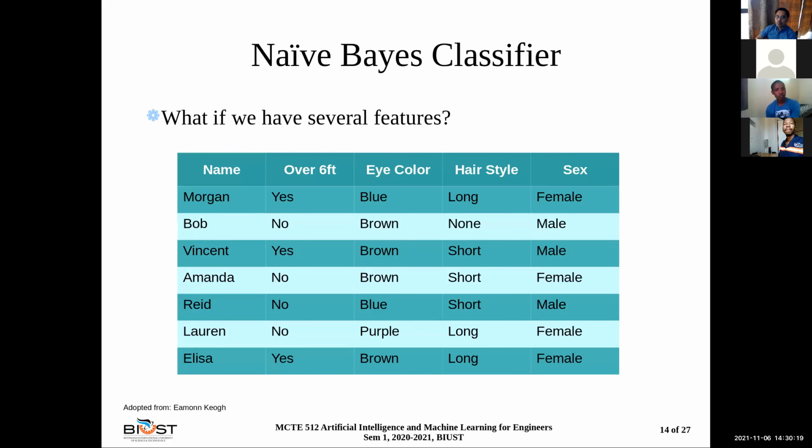Okay, so we go to another example with several features. In this case, there are 6 persons, male and female: Morgan, Bob, Vincent, Amanda, Reed, Lauren, and Elisa. They are over 6 feet. I think most of the guys will be over 6 feet, and Elisa is also 6 feet and more, so we cannot really tell. For the eye color, we don't know, anyone can have different eye colors.